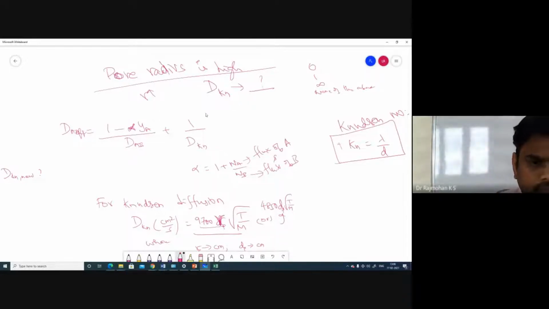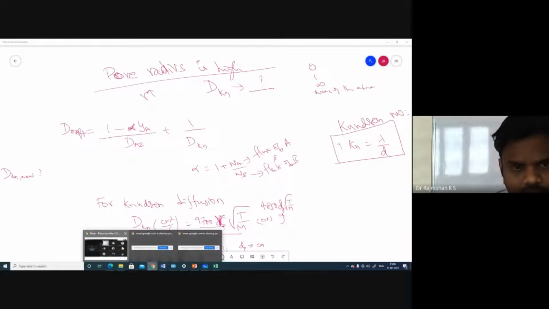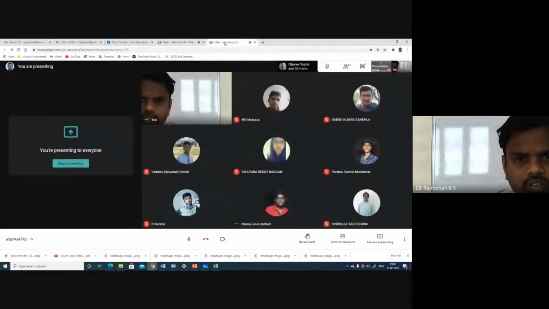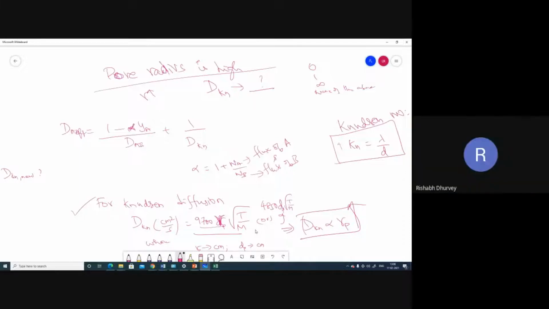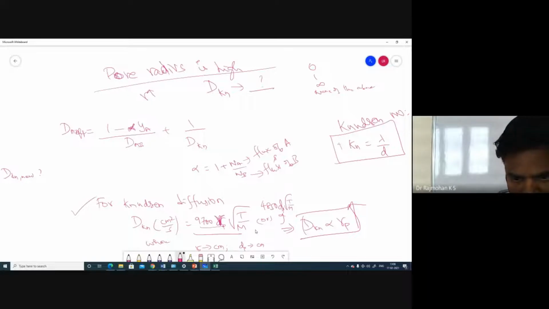Why is no one answering? I'm asking a simple question. Look at the equation and tell me. When the radius is increasing, for Knudsen diffusion, DKn is directly proportional to r, the radius of the pore, right? So from this expression, we have the relationship. When rp is increasing, what will happen to it? You see here, it is directly proportional to rp.